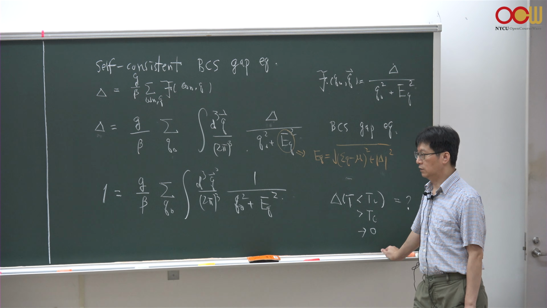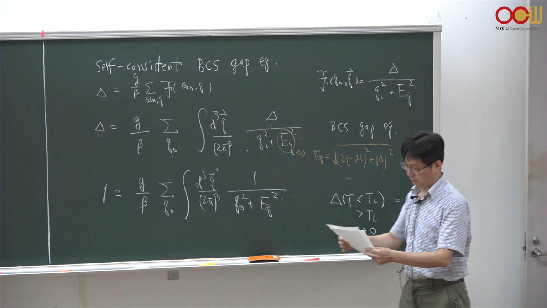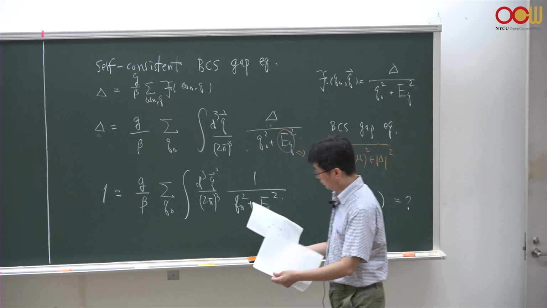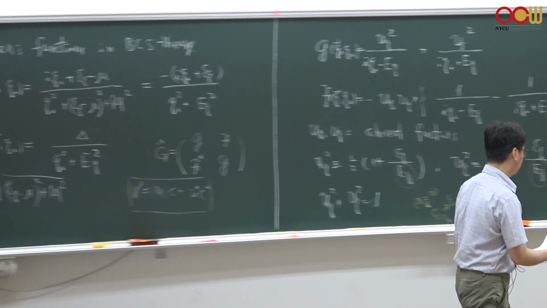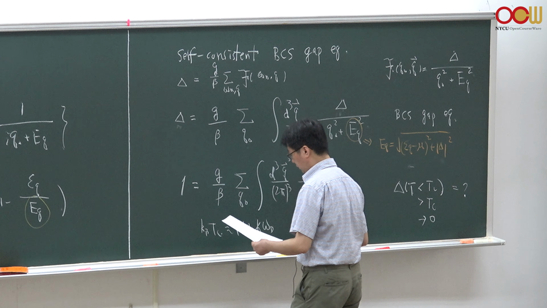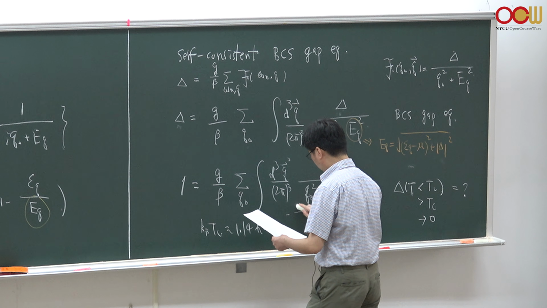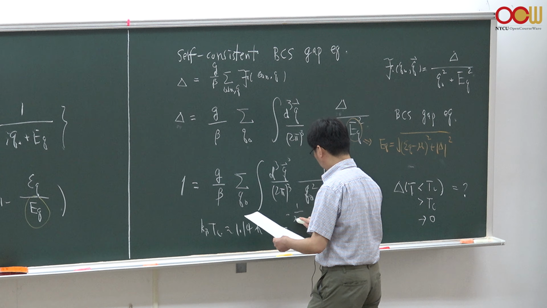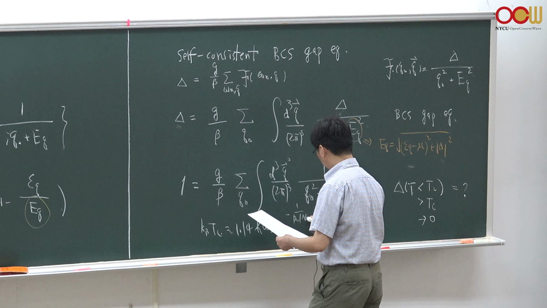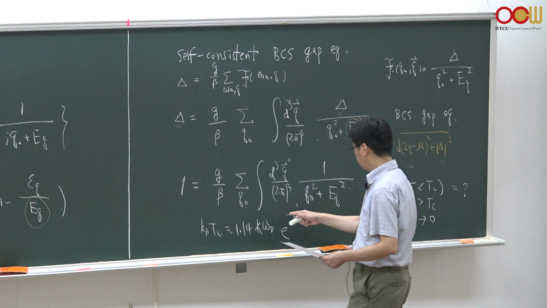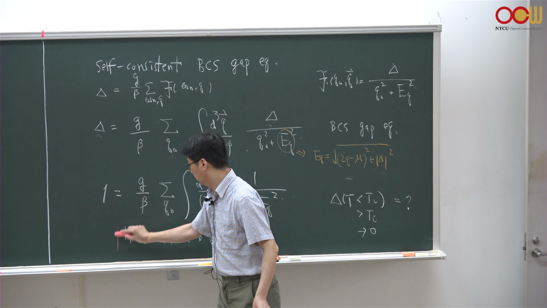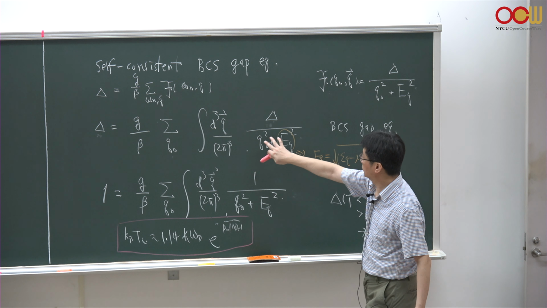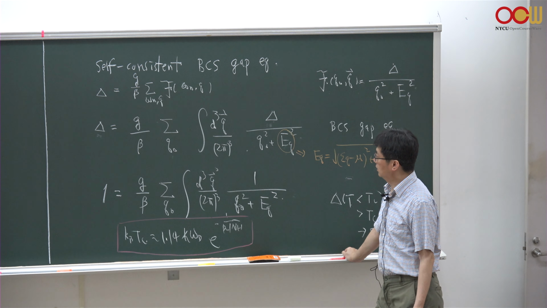So you got k_B Tc is 1.14 times the Debye energy times e to the minus inverse of lambda 0 times the density of states, and we will recover this by solving the BCS gap equation.